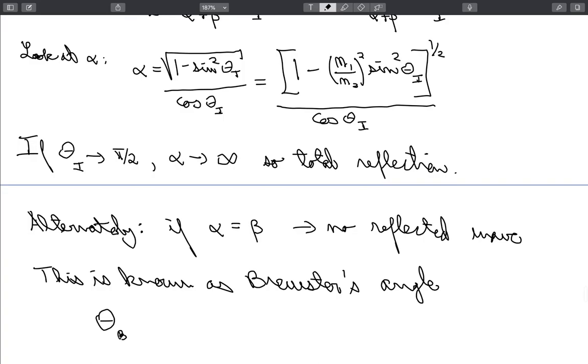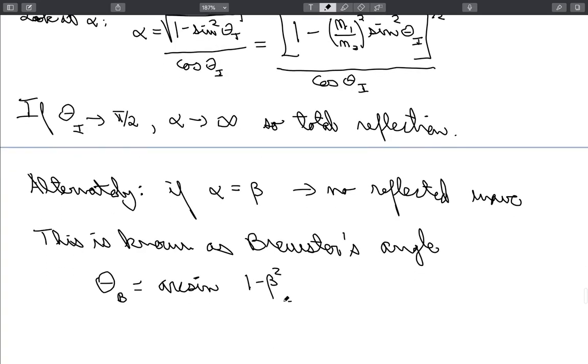So Brewster's angle, you can just write it. Theta Brewster is just the arc sine of, putting the condition alpha is equal to beta, the square root of 1 minus beta squared, divided by n1 over n2 squared minus beta squared, and all of that in a square root.